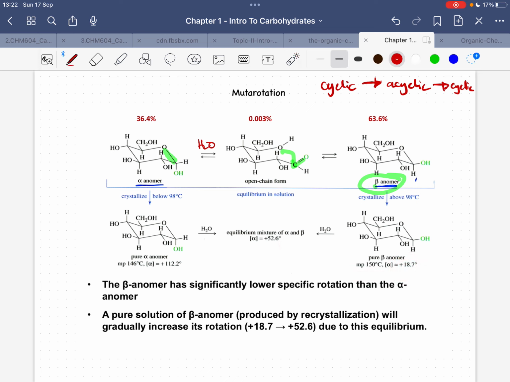And this is the highest optical rotation that can be achieved by this beta anomer. Meaning if the beta anomer you observe has a specific rotation of 52.6, it means it is 100% beta anomer.